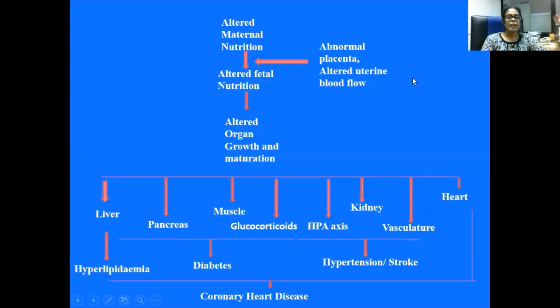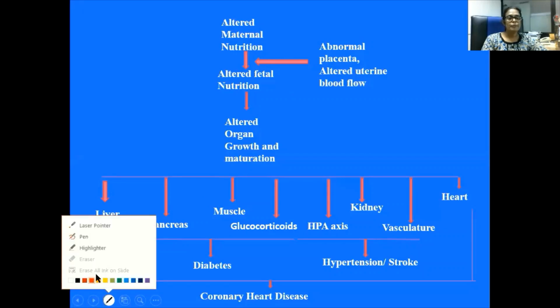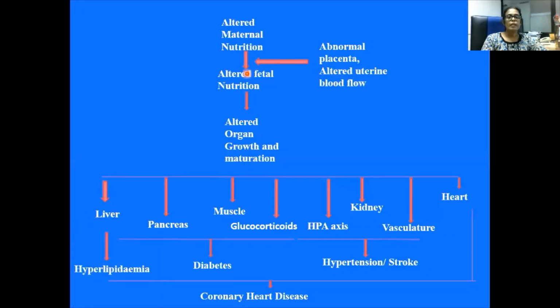Let me explain this flow chart to you. Here you can see the altered fetal nutrition, which is a result of the altered maternal nutrition as well as abnormal placental function or abnormal uterine blood flow. Everything that leads to these things will alter the fetal nutrition.